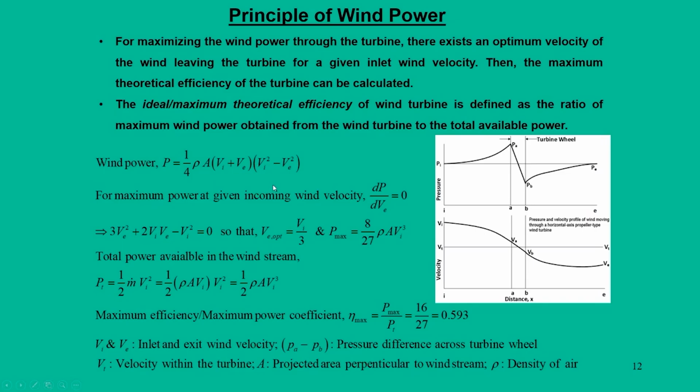You have to pay attention right now here, because we have to find out which are typically constants. From these expressions, rho is a constant quantity that does not change across the entire domain between inlet and exit. A is the swept area, fixed by the installation location. Vi is the wind speed at that particular location, but we do not have any control over it, and our job is to maximize the wind kinetic energy.